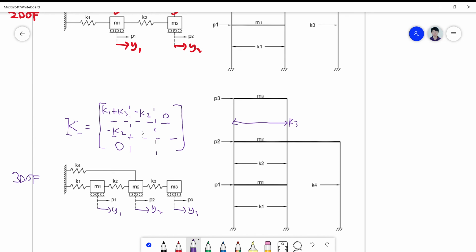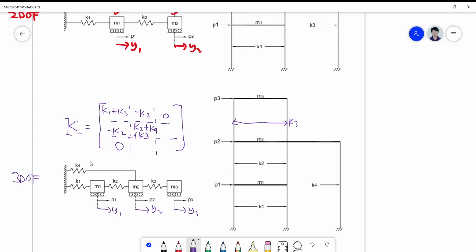So for K22, you have a connection between K2, K3, and K4. So this is where K4 will come into the picture. Okay, so K2 plus K3 plus K4 for 2, 2.